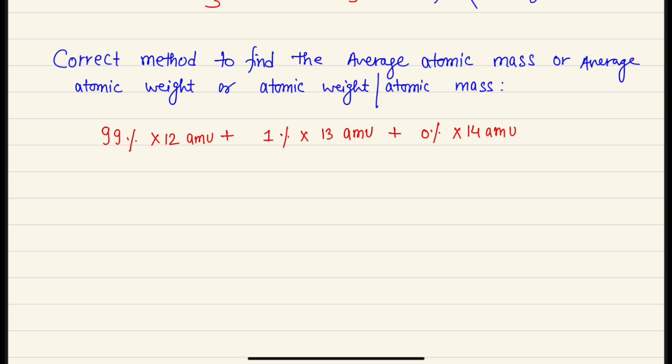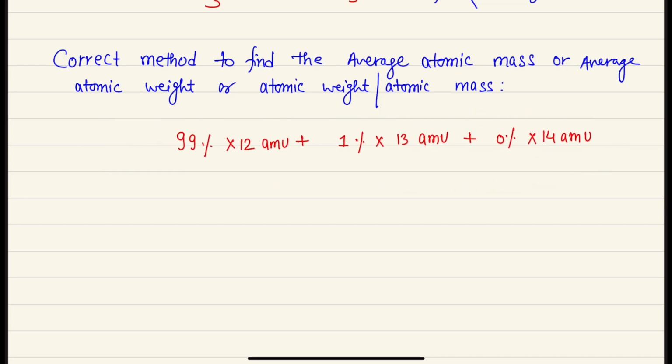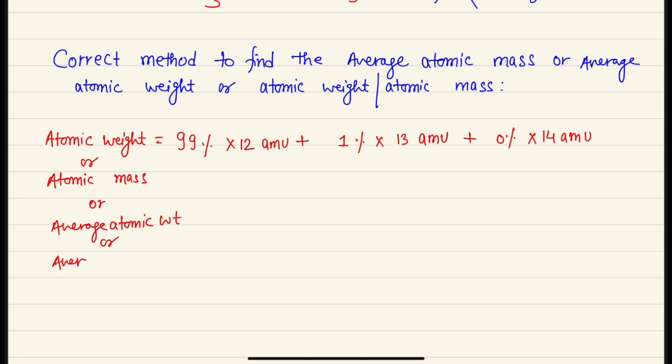And this is your average atomic weight, or you can say atomic mass, or average atomic weight, or average atomic mass.